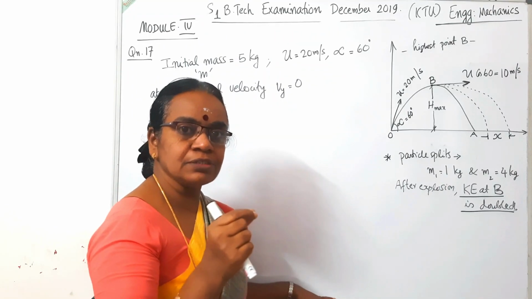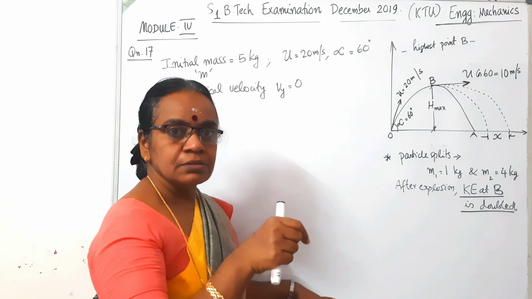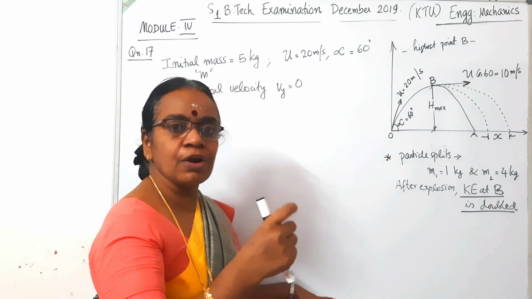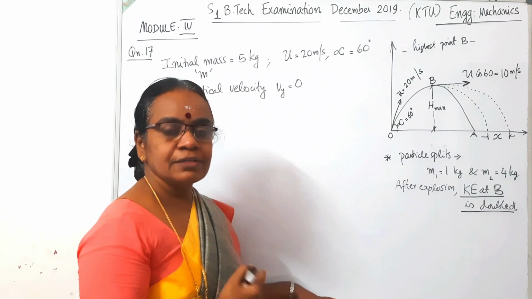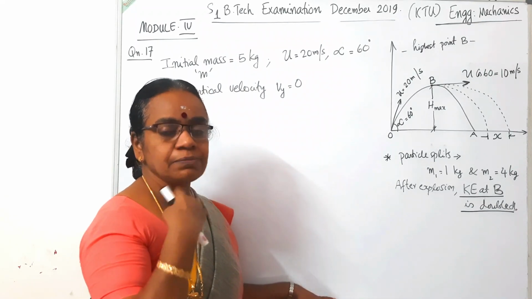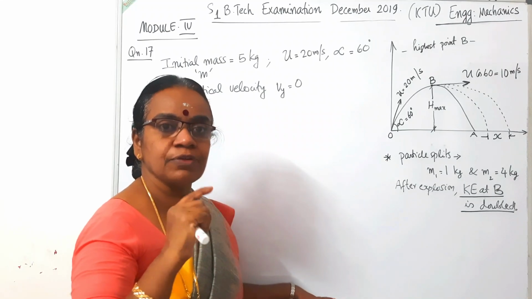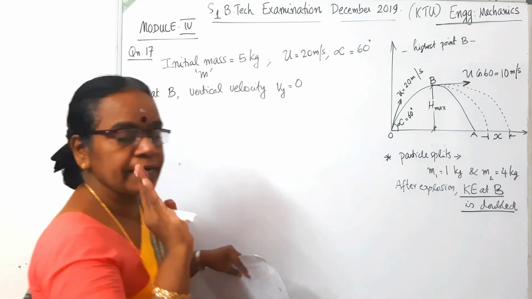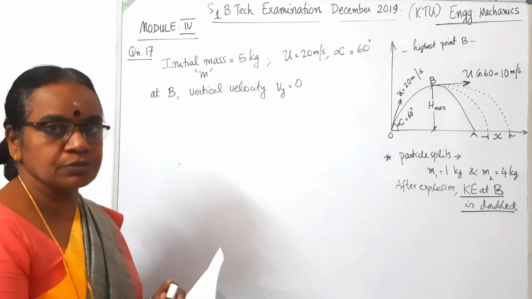So if you get the velocity when they hit the ground, take that as a hint. If you know the difference in velocity into time taken, that will give us the distance. So our aim is to find out the velocity of the two particles when they hit the ground. Okay, with that idea we will start solving the question.